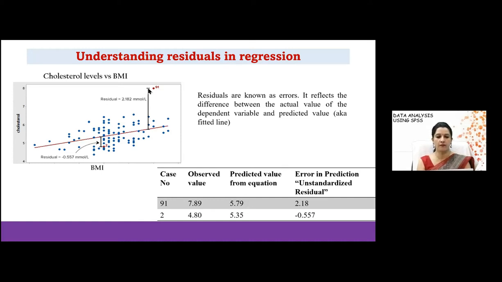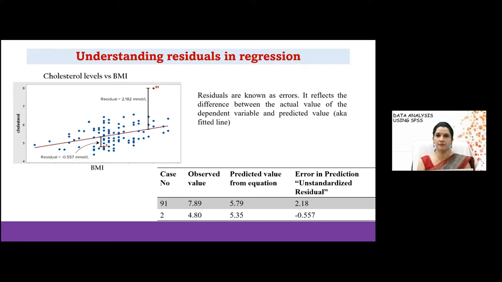And the actual value of this is 7.89. So the difference between the observed and predicted value, you deduct this predicted value from the observed, and this error in prediction is the residual. This is the 2.18. Is it clear to everyone?